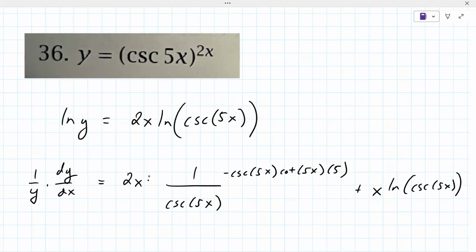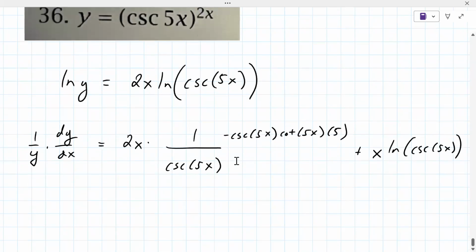The main thing I would be concerned about is could you take the derivative of this natural log cosecant 5x? Yeah, that's what I did.